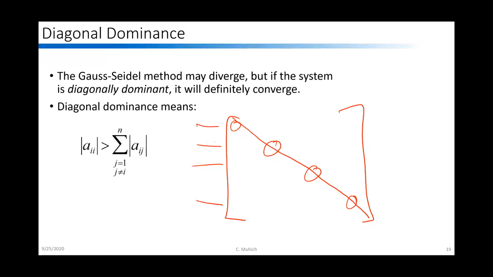So in the second row, if the element in the second column is the biggest, that would be the diagonal dominance check for that second row. We would check to see if the first element of the first row is the biggest number of the whole row. Now we're not looking at columns, we're looking at rows. And same thing for the third row, the fourth row, all the way down.